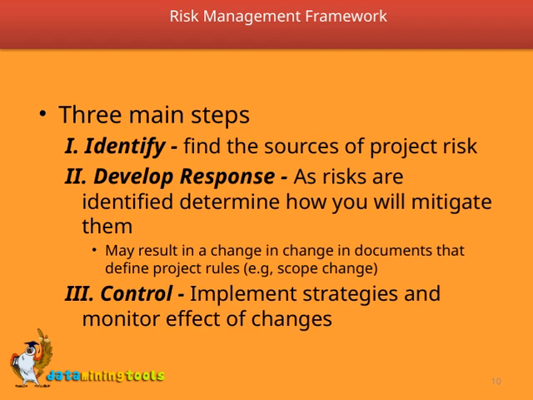It's about ensuring that our risk responses are working as intended and making adjustments if necessary. Together, these 3 steps create a solid framework for managing risks throughout the project. By systematically identifying, responding to, and controlling risks, we help keep our project on track and aligned with our goals.